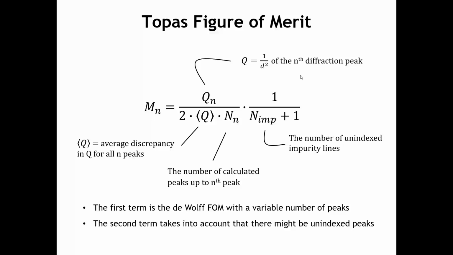There is no way to quantify that in the earlier figures of merit, but here it's going to say, okay, there's 2 impurity peaks. So this second term is going to be 1 over 2 plus 1, so 1/3. That would cut our figure of merit down by a factor of 3. If there are no unindexed lines, no impurity peaks, of course, this last term just reduces to 1, and we get something that's identical to the de Wolf figure of merit.